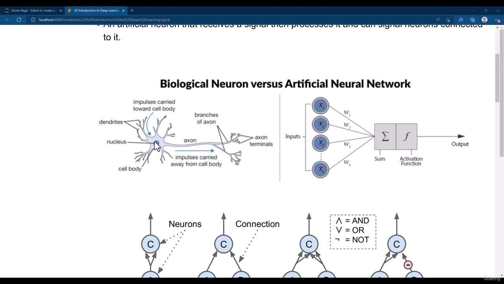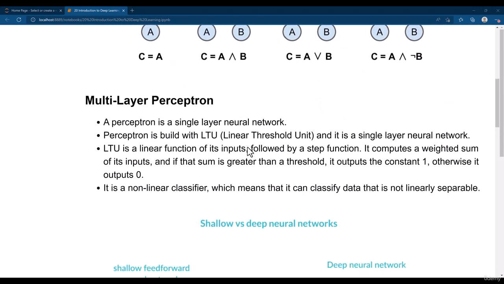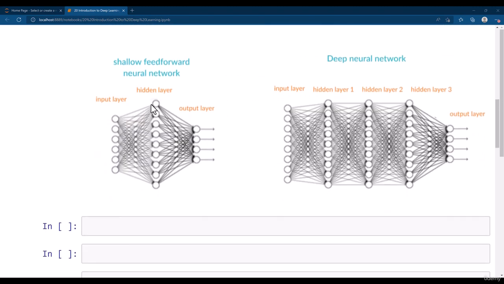Whatever signal is here is passed to another neuron, and in the meantime this neuron either amplifies or reduces the signal. So the axon carries the impulses from one cell to another, one neuron to another neuron. The same thing you can visualize here. These connected lines are like the axon, which is carrying information from one neuron to another neuron.